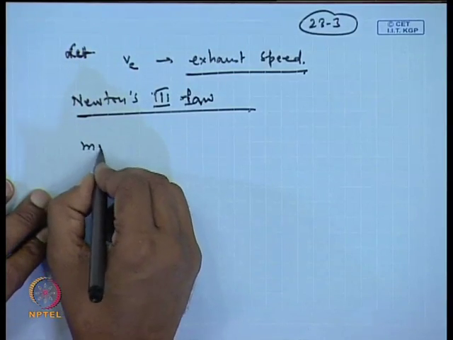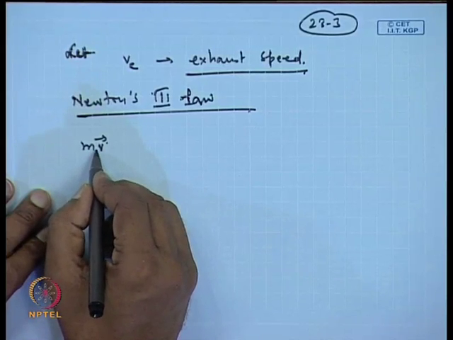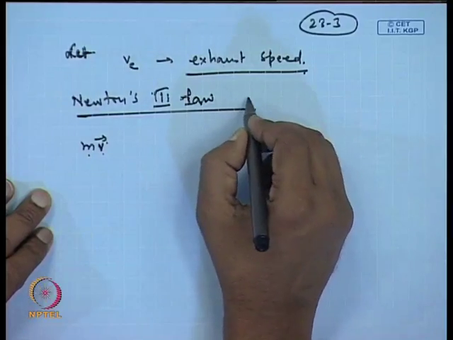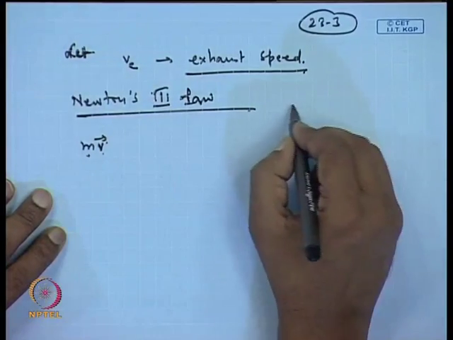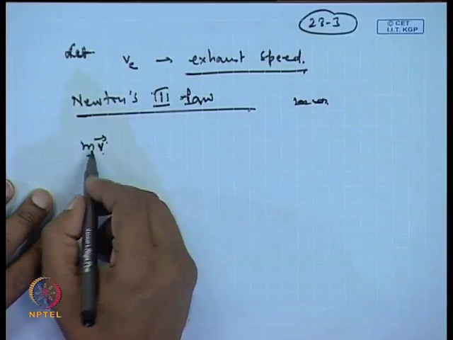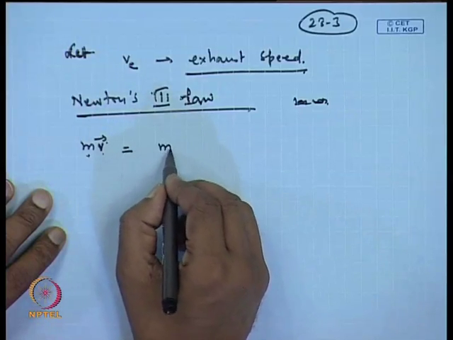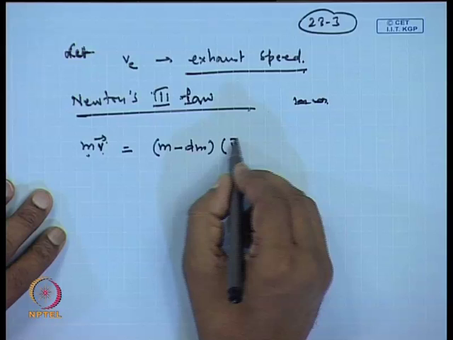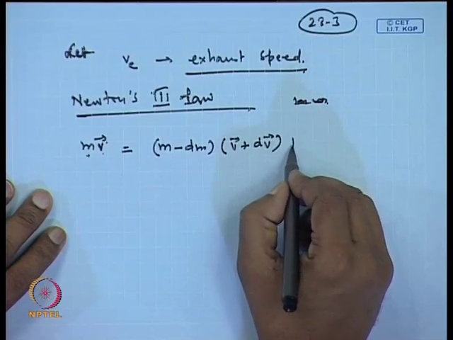So, from that, m times v, where m is the mass of the rocket at any time t, and v is the speed at time t, and then dm mass is ejected, and consequently the speed changes by delta v.